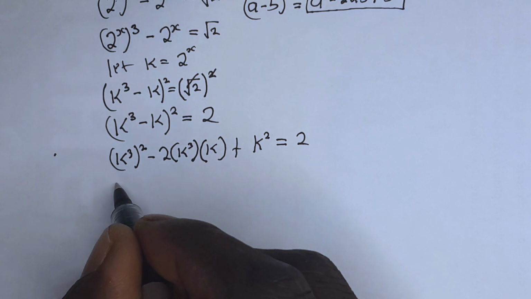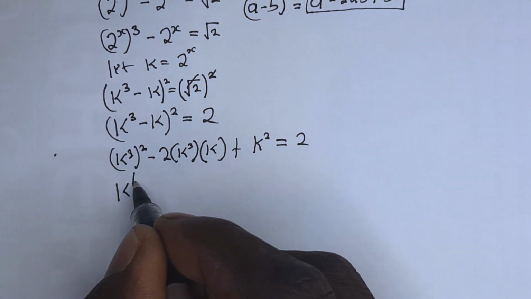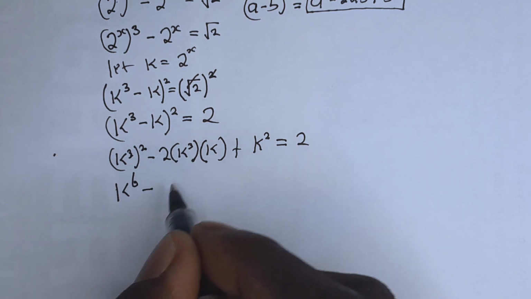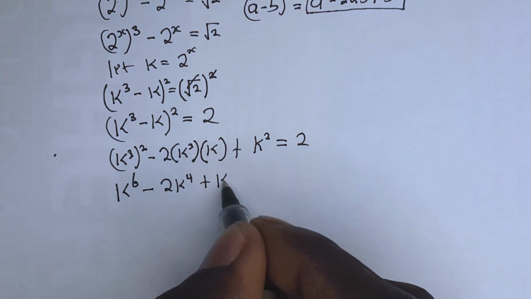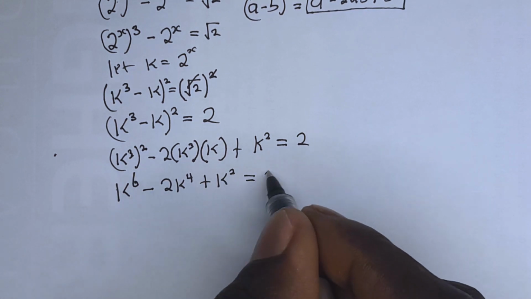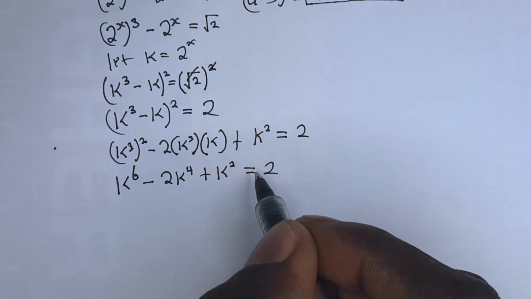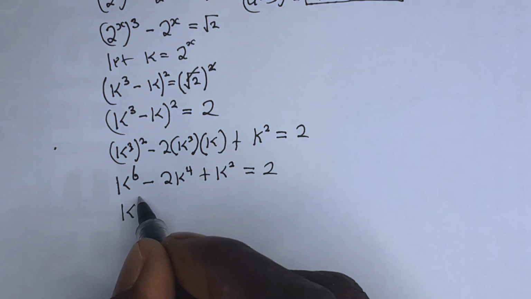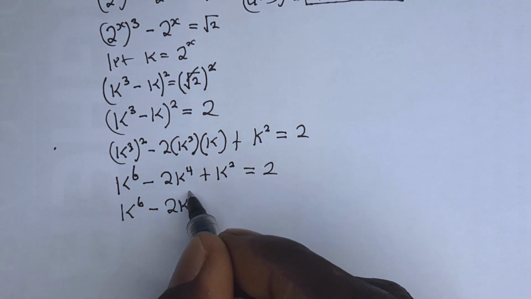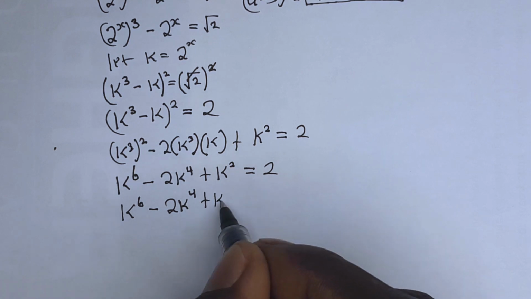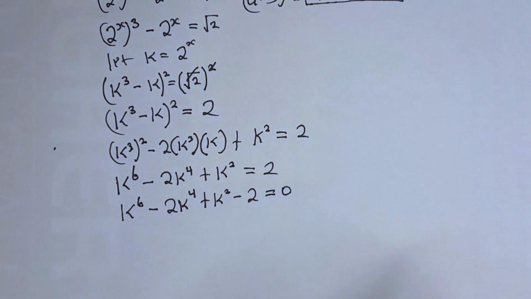And then k to the power of 3 multiplied by 2, we have k to the power of 6 minus 2k to the power of 4 plus k squared, which is equal to 2. Move this 2 to the left, we have k to the power of 6 minus 2k to the power of 4 plus k squared minus 2, which is equal to 0.